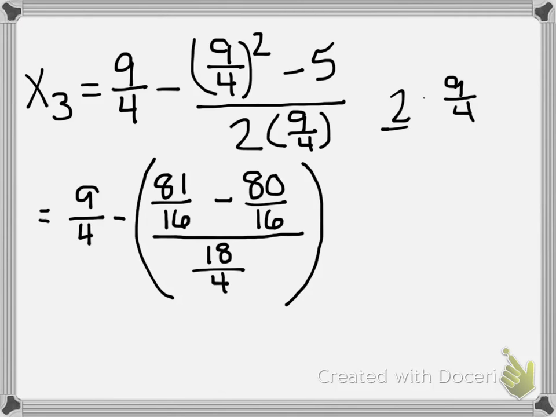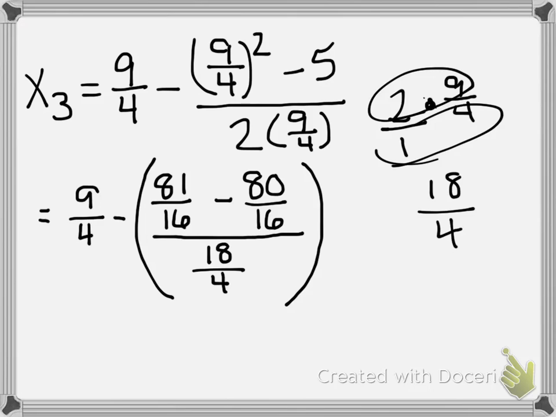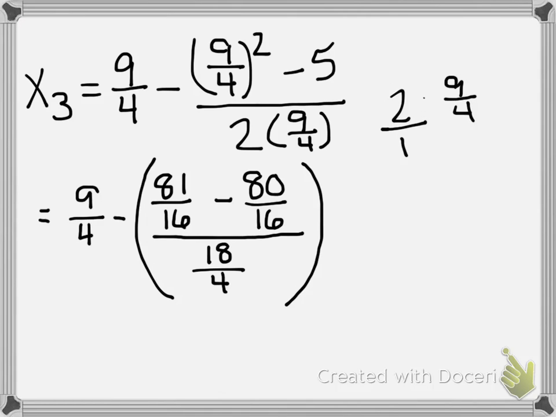The 2 is basically 2 over 1, and when you're multiplying, you just multiply straight across, so that's how we got 18 over 4. 2 times 9, and then 1 times 4. Okay, so we know we should be set up right for now, and we do the next calculations.